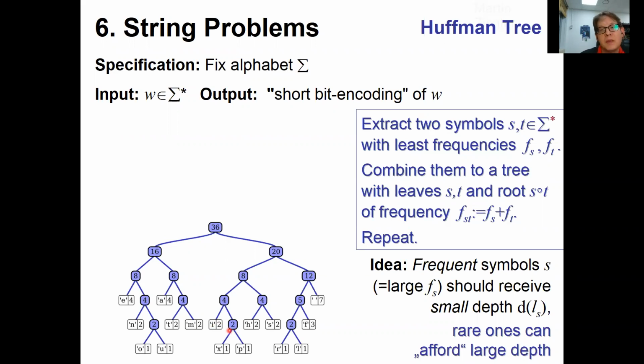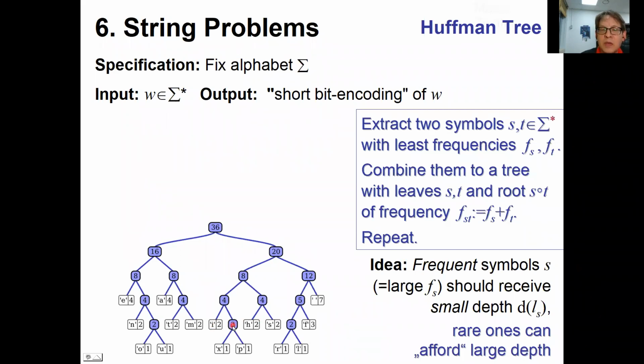So maybe there are different choices of how the next symbol is chosen, because there are many symbols that have least frequencies 2. But let's just say the next two symbols extracted here are I and the combined symbol XP, both with frequency 2.